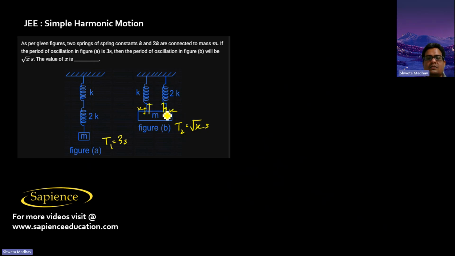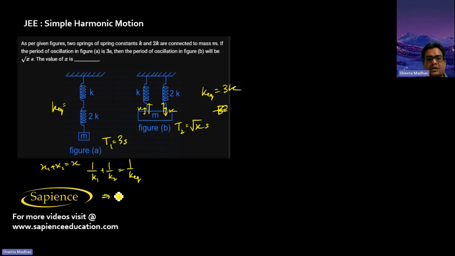So here the force will be equal to kx. Here k equivalent will be, since the sum of the extensions will be the net extension, force by k, so 1 by k1 plus 1 by k2 is equal to 1 by k equivalent.